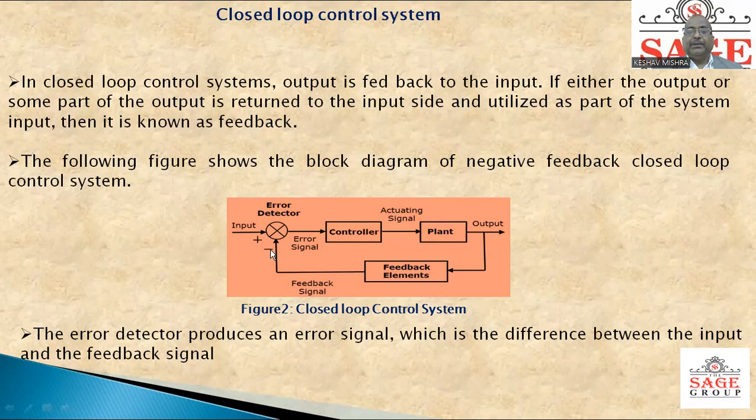One example I would like to quote here: we have already studied the amplifier, where stability in gain is a must. So in order to achieve stable gain, we use negative feedback. And positive feedback we apply to an oscillator.